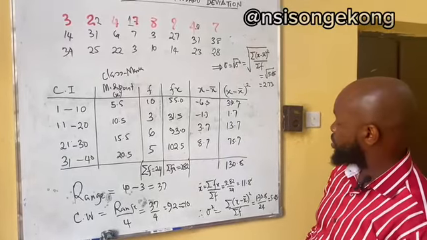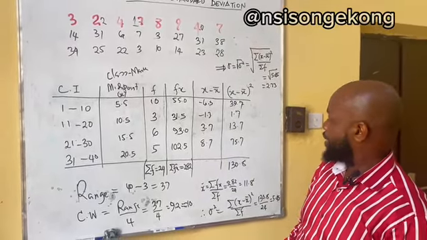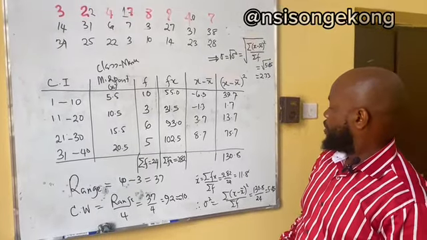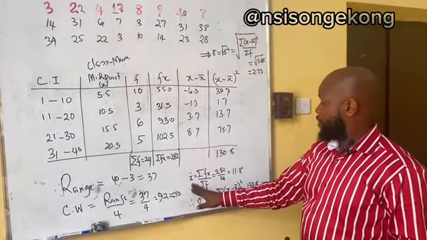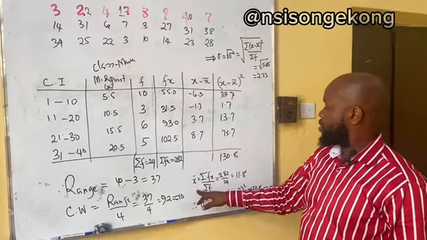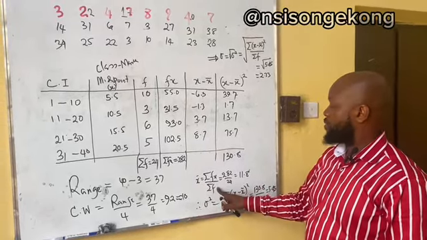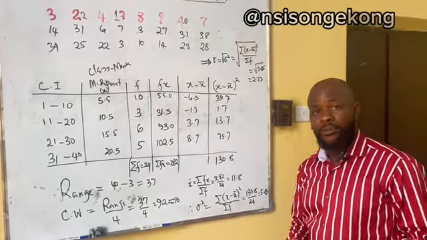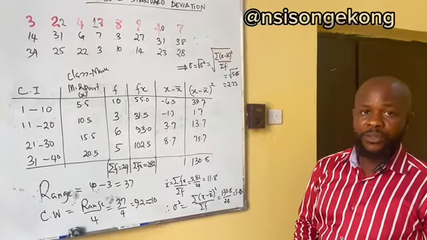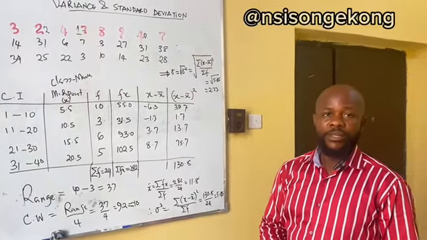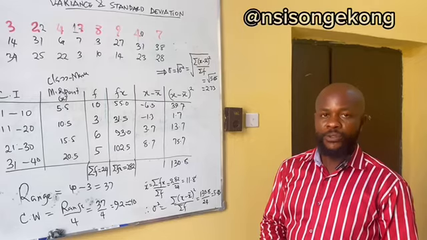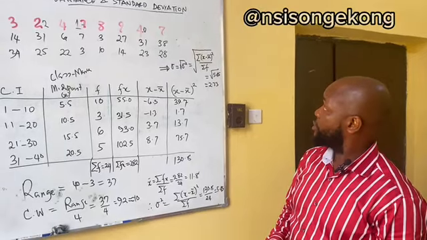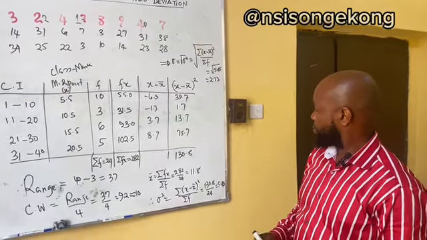Of course, at that point, we now pause and obtain the mean. And the formula for mean is x bar equals the sum of f times x over the sum of f. If you're not familiar with how we obtain the mean, you have a course on the channel that has to do with the mean. You can go there and have a refresher on that.